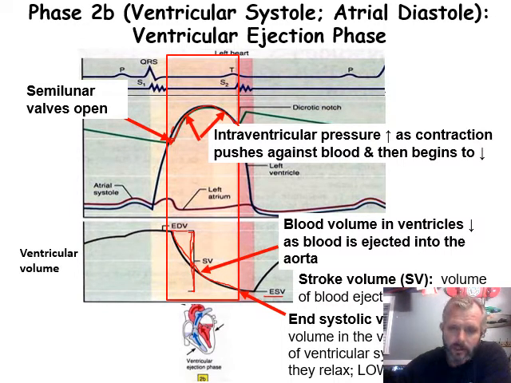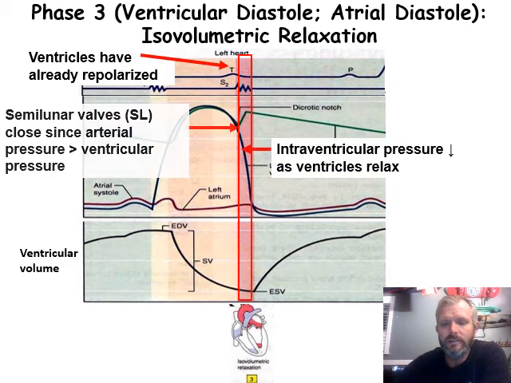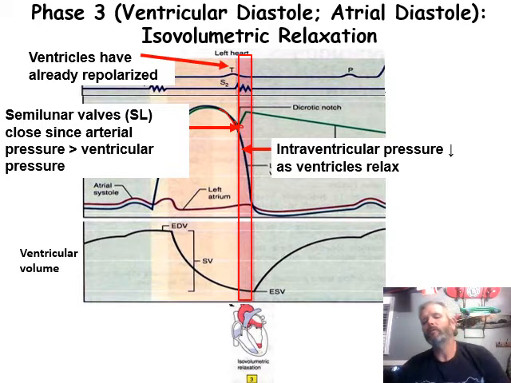Alright, so we are here, and we're going to start the relaxation of the ventricles, and you can see pressure starting to decrease. As the ventricular pressure starts to decrease, at one point it decreases lower than the aorta.